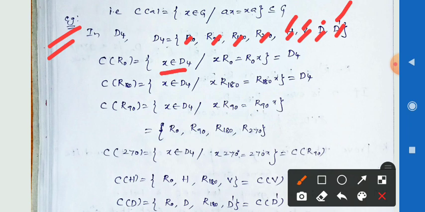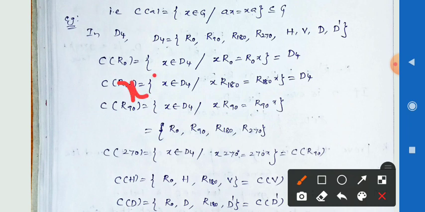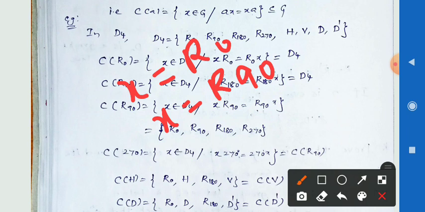Then R0 is fixed, multiplying X with R0. If we take X as R0, and then X as R90, then the condition is Ax equal to Xa, where A is R0.